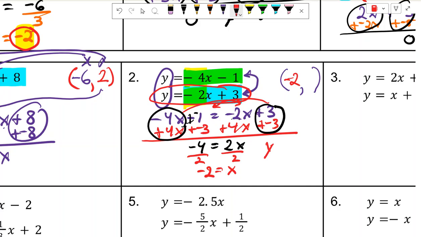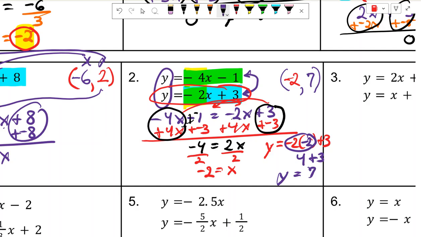And I'll do y is equal to -2 parentheses for the x plus 3. What goes in there? My -2. And -2 times -2 is +4, and 4 plus 3 is 7. So I think that is the right answer.